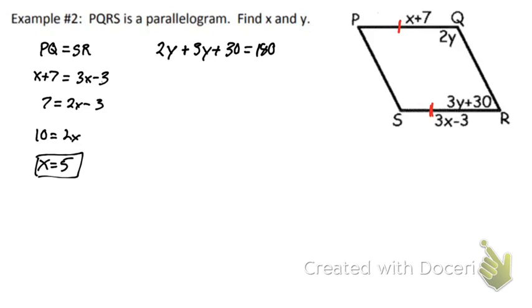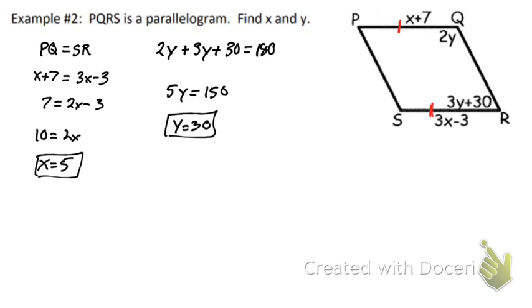S and Q are equal to each other. P and R would be congruent to each other, but those consecutive angles need to equal 180. They're supplementary to each other. So we have 2y plus 3y plus 30 equals 180, so that'd be 5y. Subtract 30 on both sides would equal 150, and y equals 30.